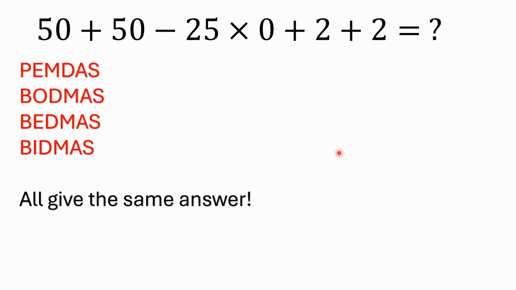It's generally right, but the M and the D, it doesn't matter the order. Multiplication and division have equal precedence. Division is nothing more than multiplying by a reciprocal. So you would solve those left to right.